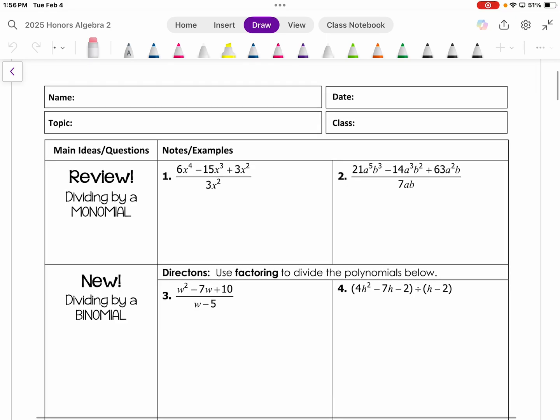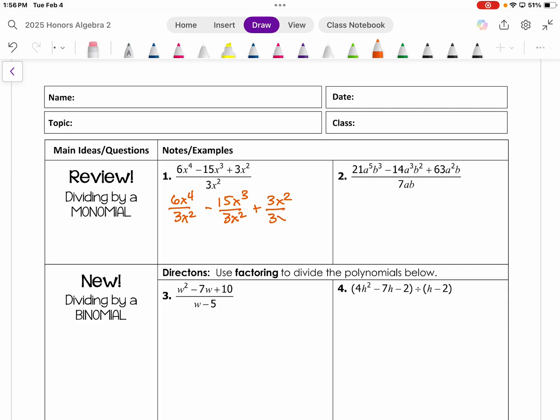So this first part, we're trying to remind you about dividing by a monomial. Remember, a monomial is a one-term thing. When I have a one-term thing on the bottom, technically I'm allowed to split this up as three separate fractions: 6x to the 4 over 3x squared minus 15x cubed over 3x squared plus 3x squared over 3x squared.